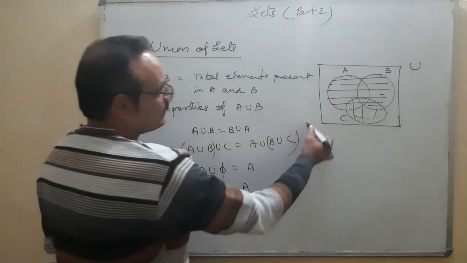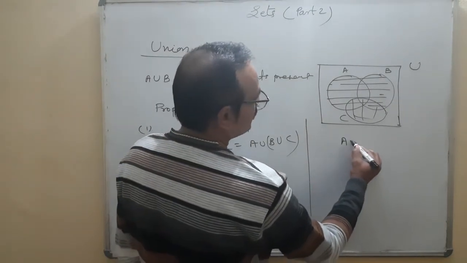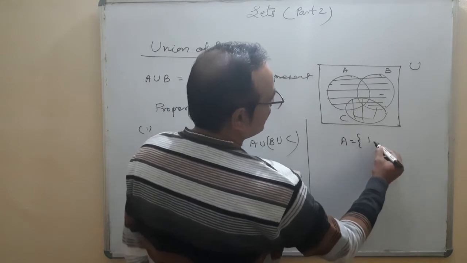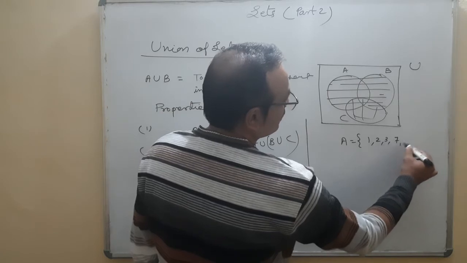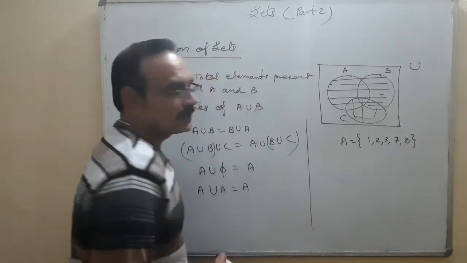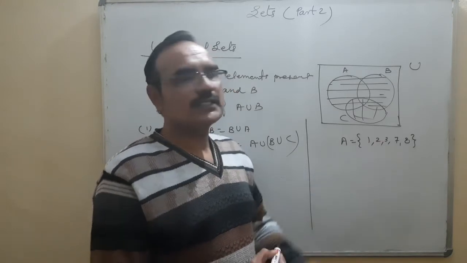Apart from that, let me tell you one more thing. For example, suppose A is equal to the elements 1, 2, 3, 7, 8. The meaning is that in set A there are elements 1, 2, 3, 7, 8.